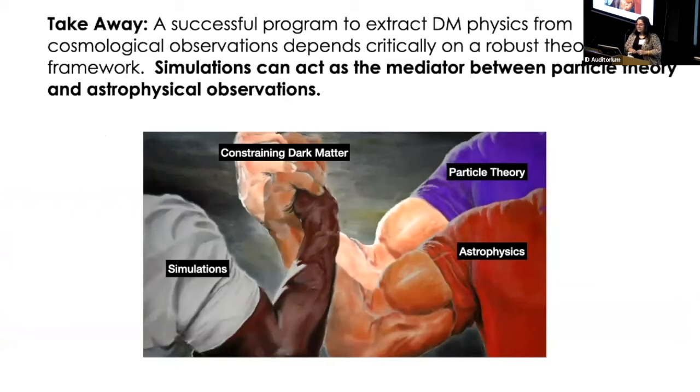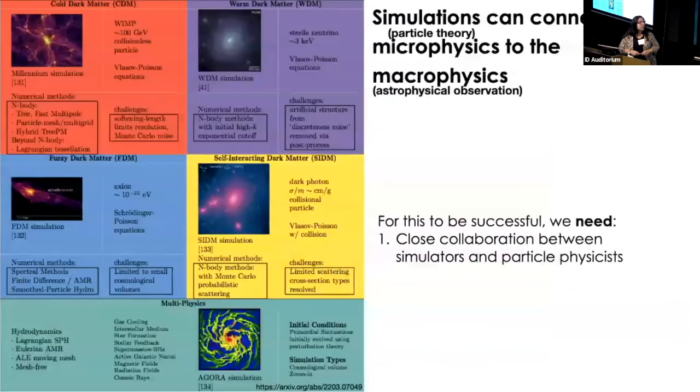And so in the process of writing this paper, we identified particular needs that need to happen in the next decade in order for simulations to connect the microphysics, the particle theory, to the macrophysics, the astrophysical observation that could constrain dark matter. I don't want you to get too caught up in this ginormous picture from the paper, but what I love about this diagram is that it shows all the different models that people have implemented in simulations.